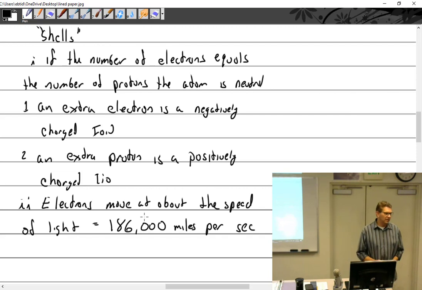So let's verify this. It works better if you have a longer distance. That's how I figured it out. I just watched my watch and how long it took for the light to click on and hit that door, and I used my watch and I did the math, and that's what I came up with.